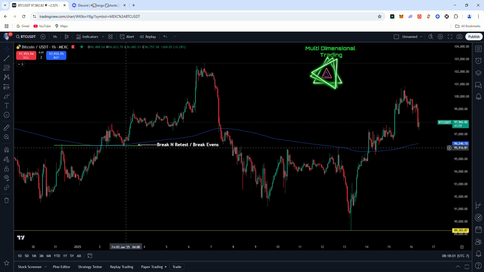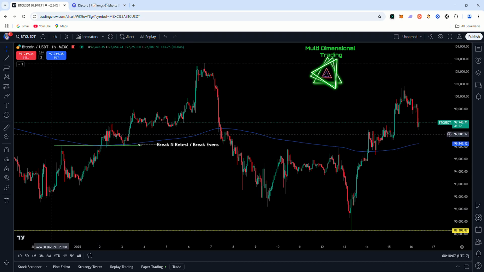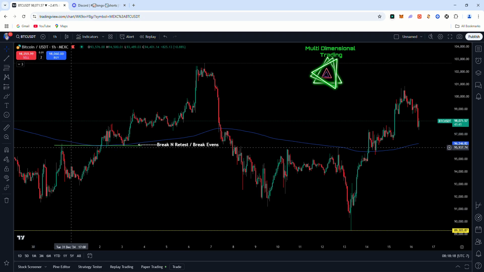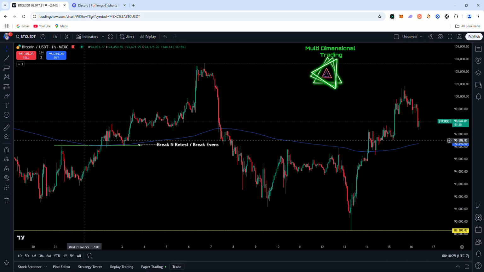Now for us, we have multiple confluences that show us that is the way. This is going to be the direction, because we have this long blue line. If you can see it, that is the 369-day EMA. Remember, we can use the 369-day EMA on multiple time frames, right? This chart is the 1 hour chart, but on multiple time frames, you're going to find the 369-day EMA very useful.